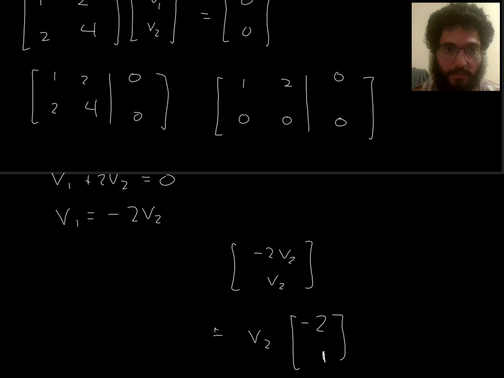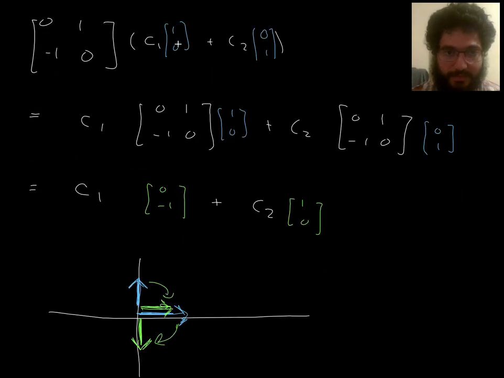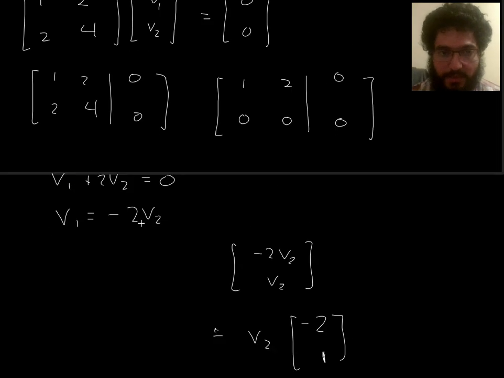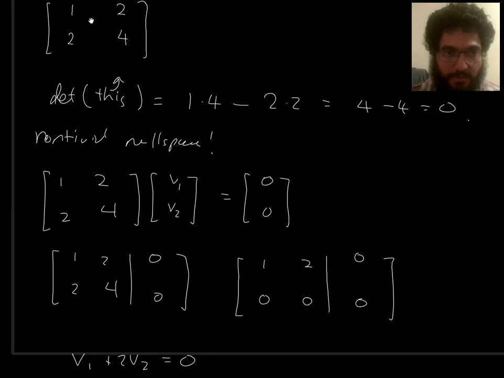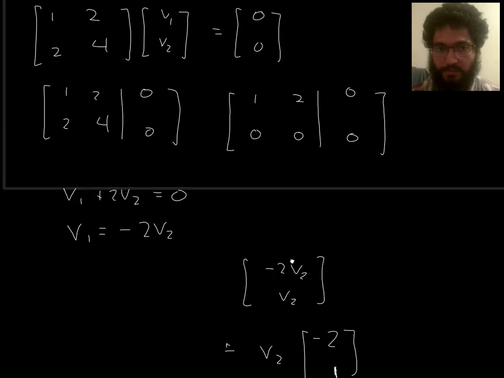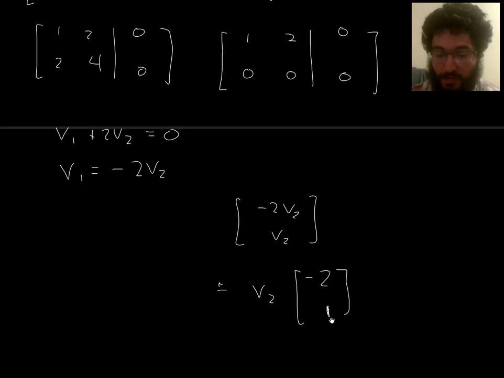So, often we prefer to write vectors using the standard basis, like (1, 0), (0, 1), like I was showing you back here when we were talking about this. (1, 0), (0, 1) is a great basis. But if you look at the matrix here, 1, 2, 2, 4, there's this particular direction that it just seems to kill, right? If you apply this matrix to the vector (-2, 1), or anything along the direction of that vector, so any scalar multiple of it, then it just kills it.